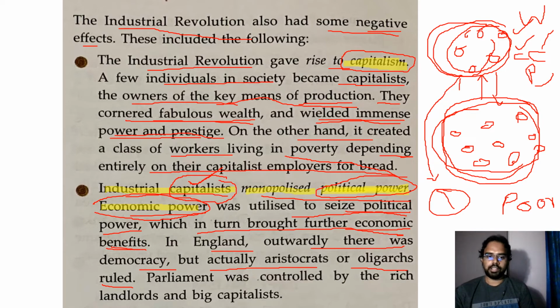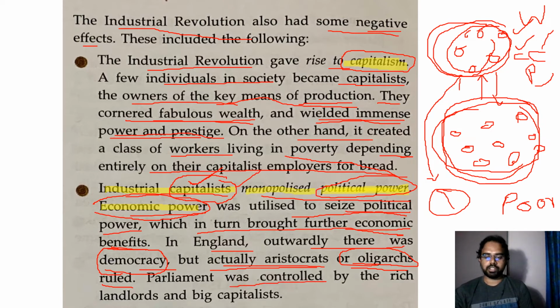So outwardly there was democracy, that means people's governments. But indirectly, behind the scenes, these aristocrats or oligarchs, the industrially rich class, were the masters behind the politics. Even though it was a people's elected government and it looked as if England was following democracy, the political governments formed through democracy were controlled by economically powerful capitalists.